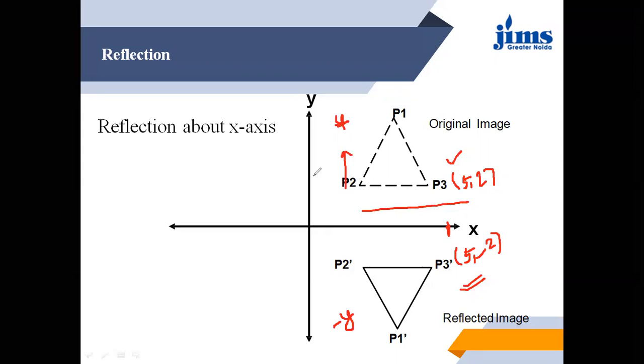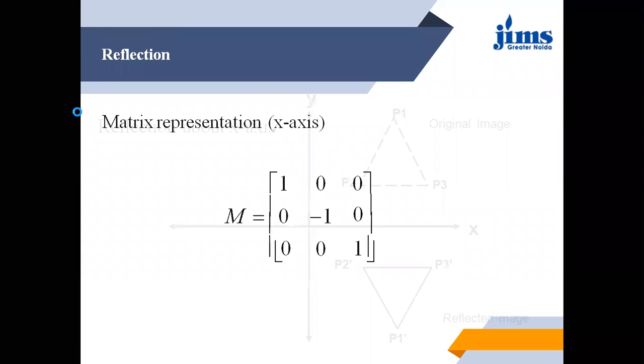And the same in the case of reflection with the y-axis. In that case, the value of y will remain the same, and the value of x is going to change from positive to negative. So this is the matrix for this.